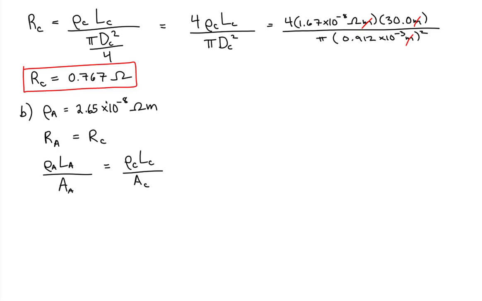Now we should recognize that the aluminum is just replacing the copper wire. So the length of the aluminum wire is equal to the length of the copper wire, which means those lengths cancel on each side of this equation.